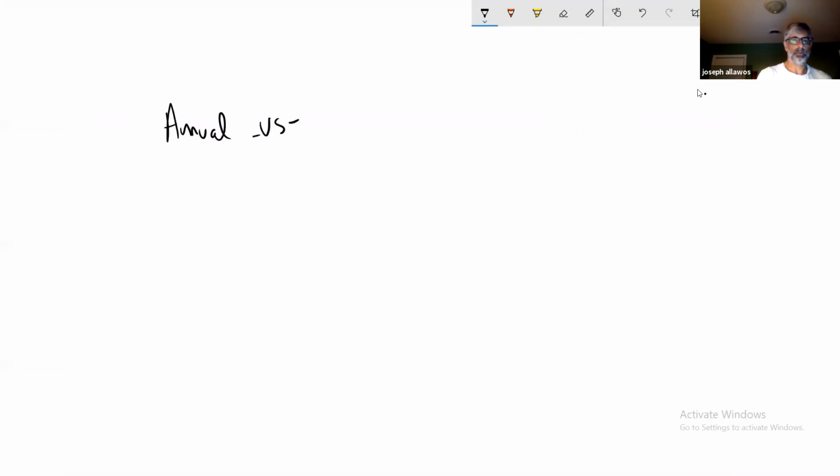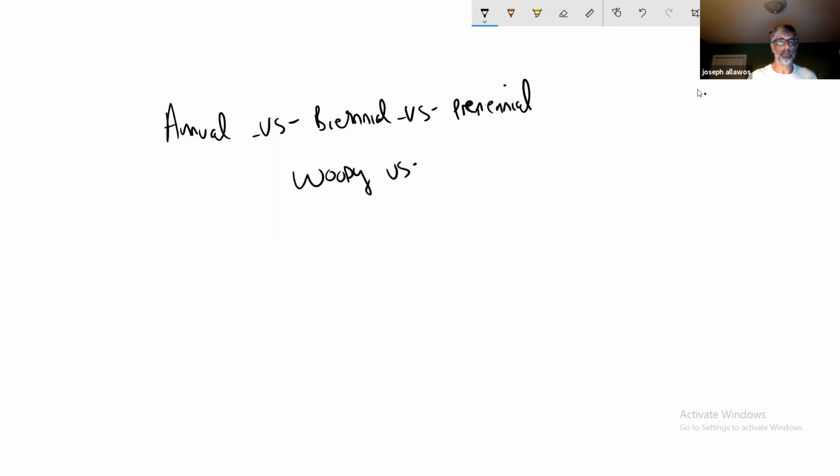annual versus biennial versus perennial. We talked about woody versus herbaceous and monocot versus dicot.